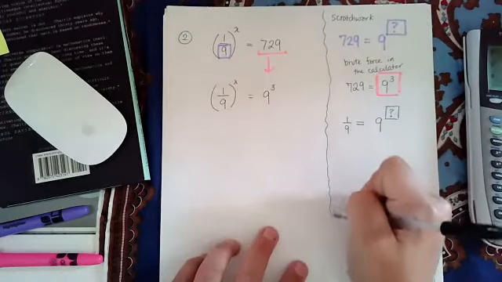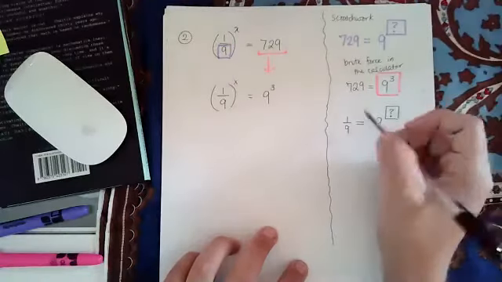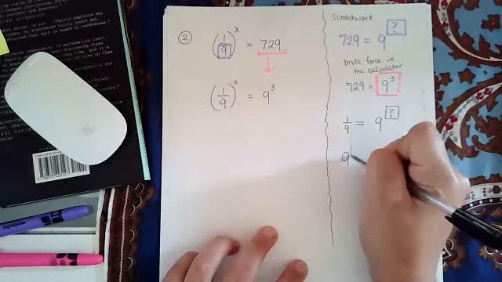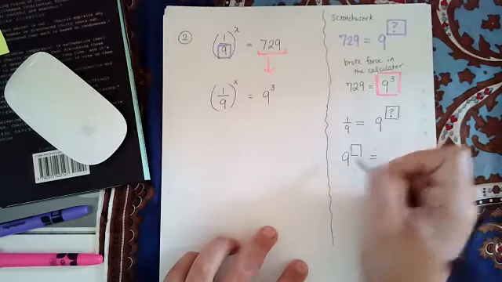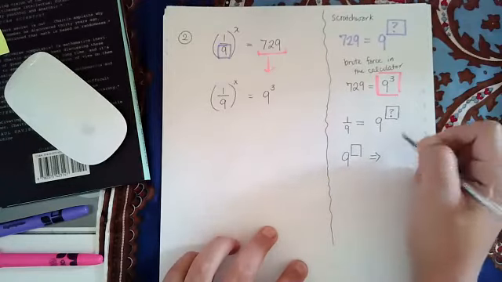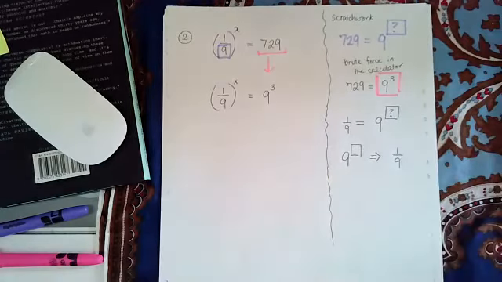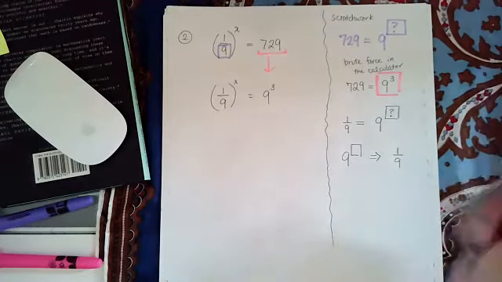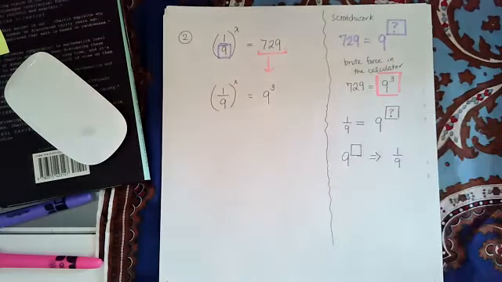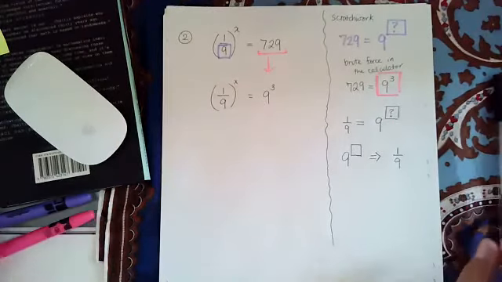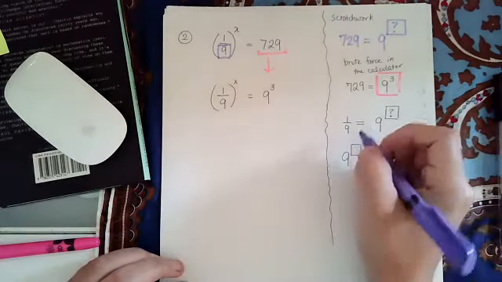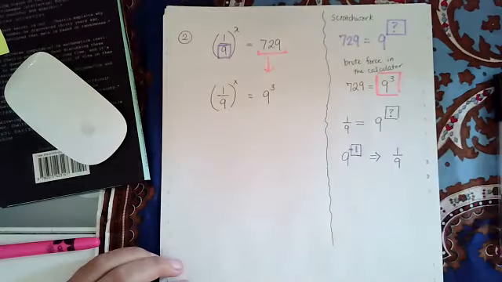And does anybody remember, if I had 9 raised to some exponent, what exponent would I need so that I could flip that to the reciprocal 1/9? It's been a while since we used our exponent rules. But it turns out that it's -1.